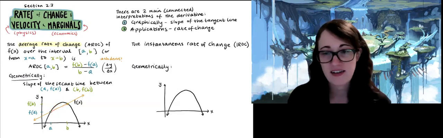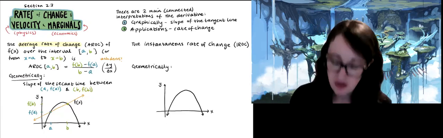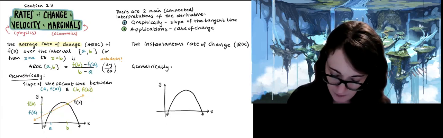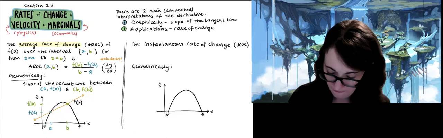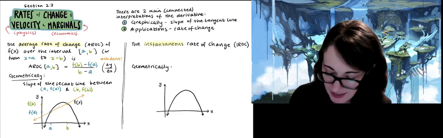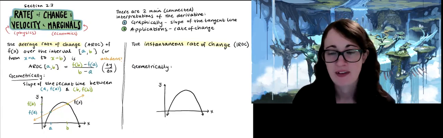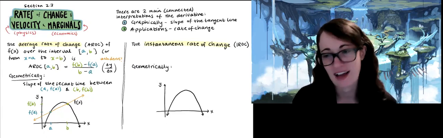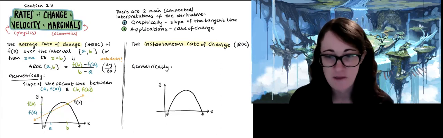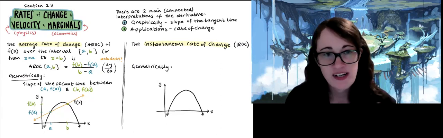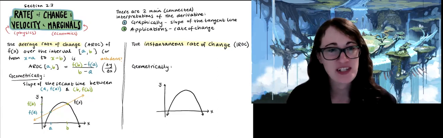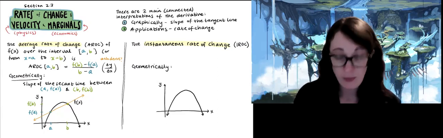Our other kind of rate of change is called instantaneous rate of change. So the instantaneous rate of change is the rate of change at an instant in time. We're going to call this IROC because it's a lot to write, instantaneous rate of change. So for the instantaneous rate of change, we just need one single point.